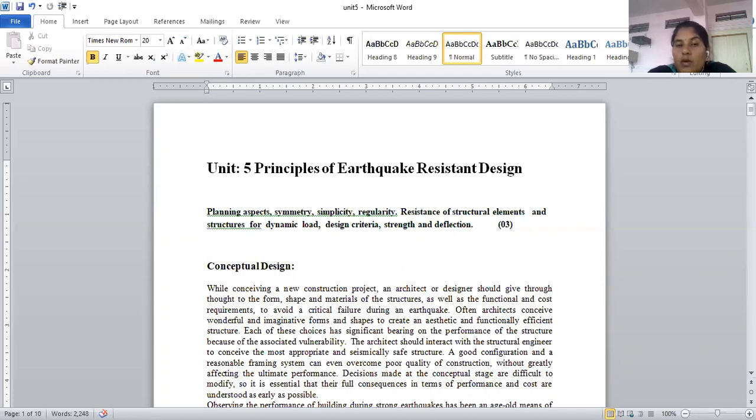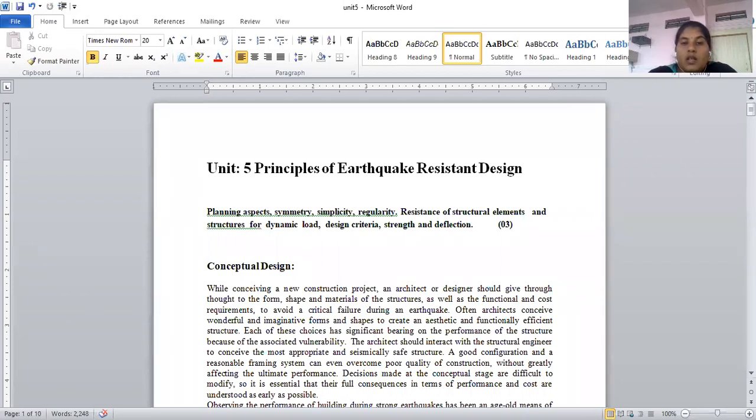Next one. Have sufficient ductility. Next one.